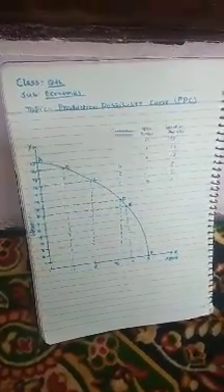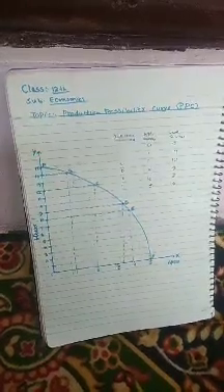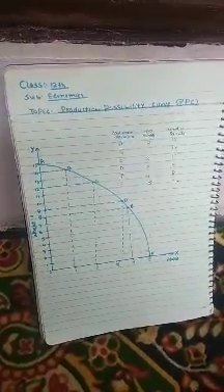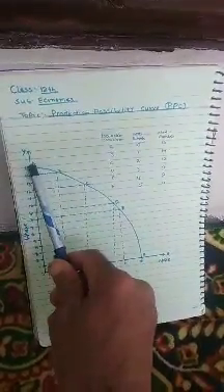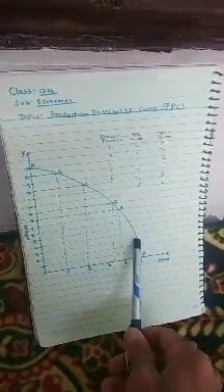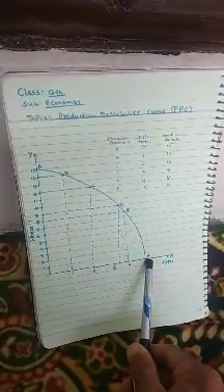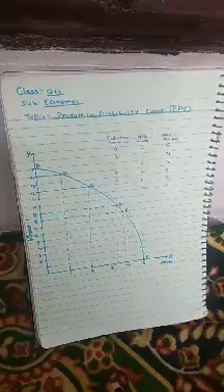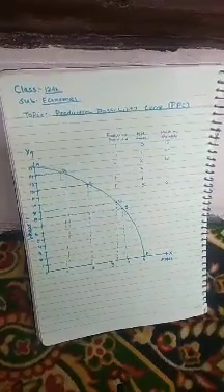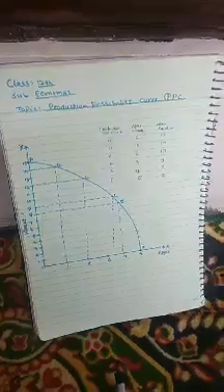Dear students, as we move from possibility A towards F, when we move from this point A up to this point F, we have to draw away some resources from the production of wheat and devote them to the production of apple.